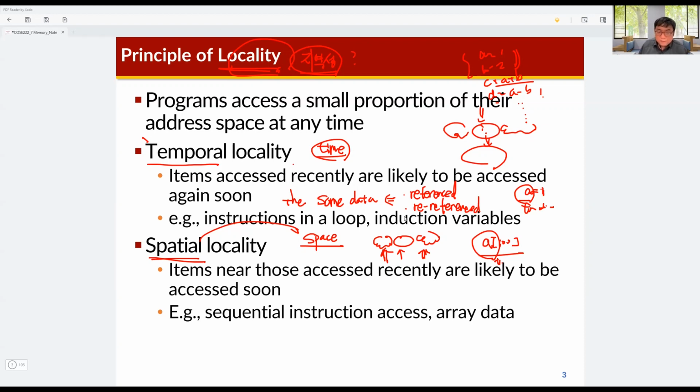So this example exhibits the spatial locality. A certain data is used, and then the neighbor data will be used, referenced in the near future. Okay, so that is the spatial locality.